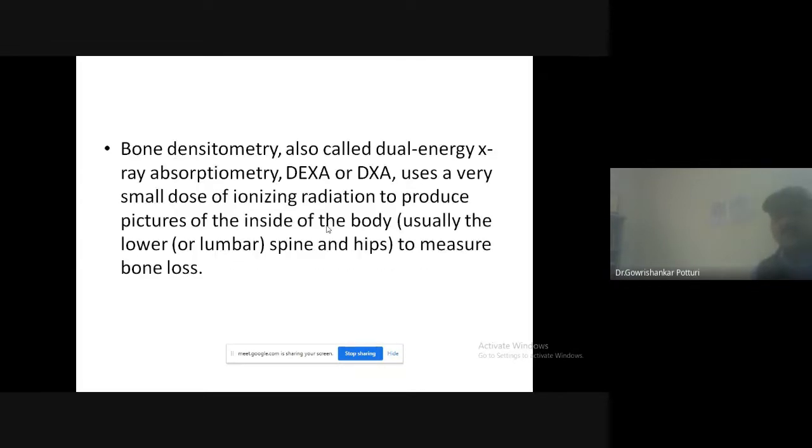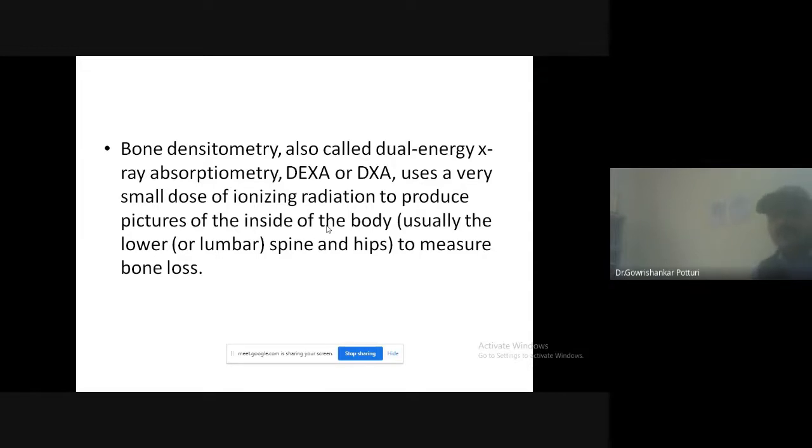Bone densitometry, also called dual energy X-ray absorptiometry, DEXA or DXA, uses a very small dose of ionizing radiation to produce pictures of the inside of the body, usually the lower or lumbar spine and hips, to measure bone loss and to identify osteoporosis.